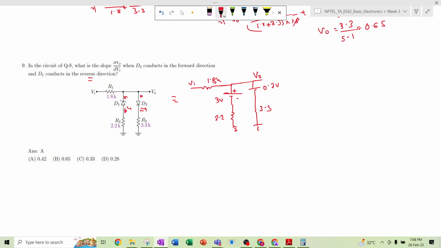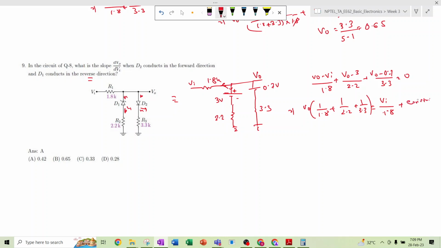Now we apply the same KCL method. The current flowing in this direction is VO minus VI divided by 1.8, plus the current flowing in this direction, VO minus 3 divided by 2.2, plus VO minus 0.7 divided by 3.3, is equal to 0. So it will be VO times (1 divided by 1.8, 1 divided by 2.2, 1 divided by 3.3), and taking VI divided by 1.8 plus some constant to the other side, right?